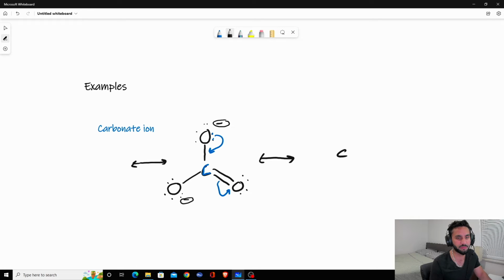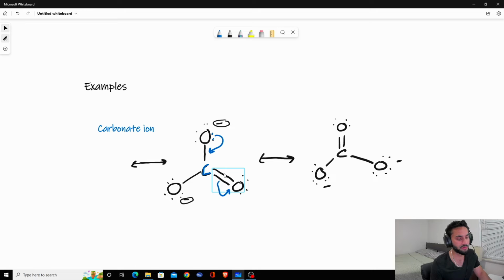So we have a carbon, oxygen here stays the same, 1, 2, 3, 4, 5, 6 with a negative charge. The oxygen on the right has only a single bond, and now it has an extra pair of electrons with a negative charge. And the oxygen here on the top now has two bonds, a pi system, and only two pairs of electrons now. So here's another resonance structure for the carbonate ion.